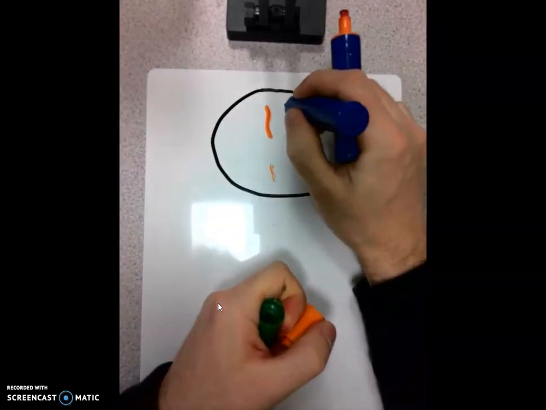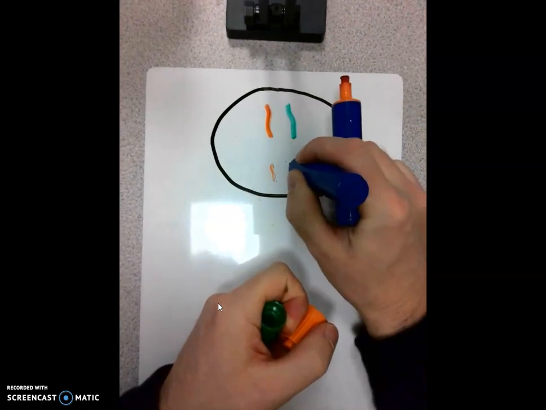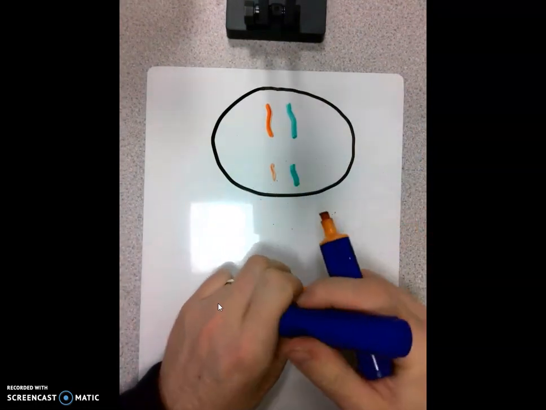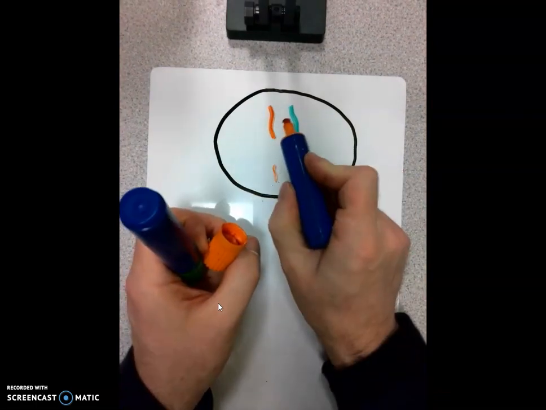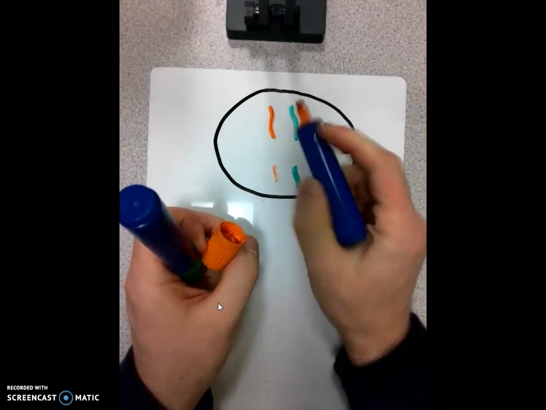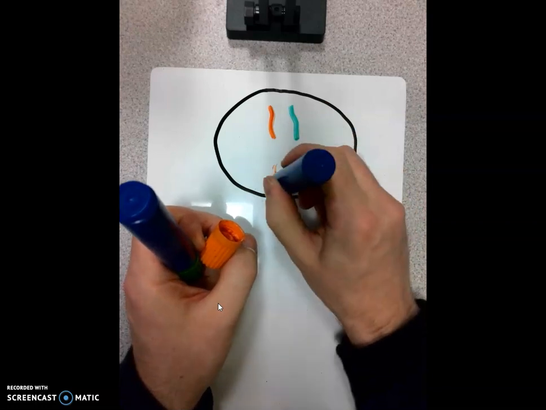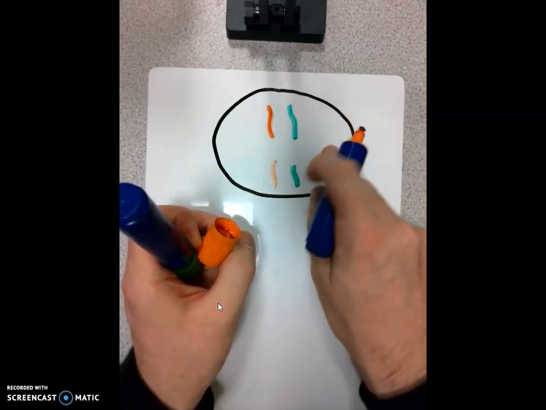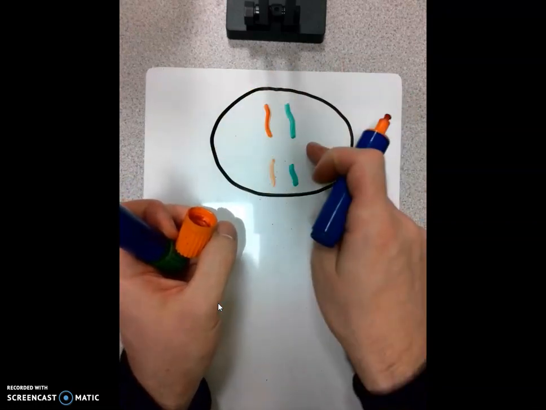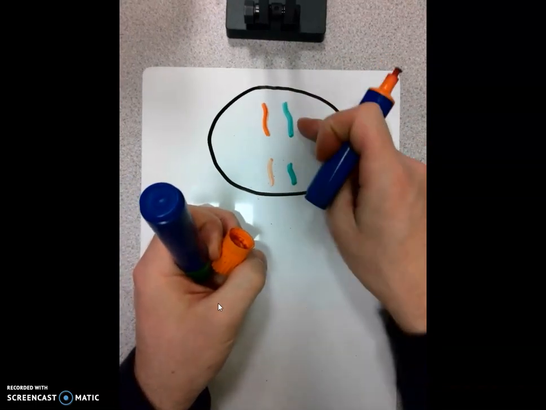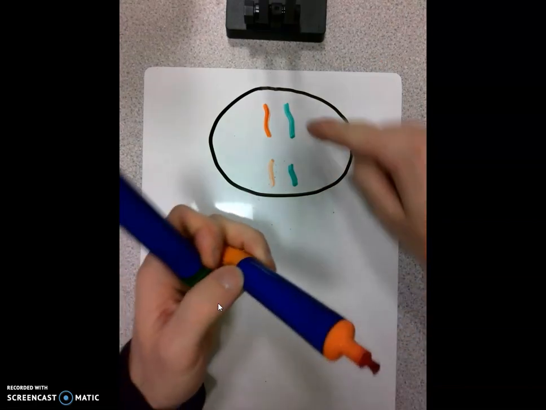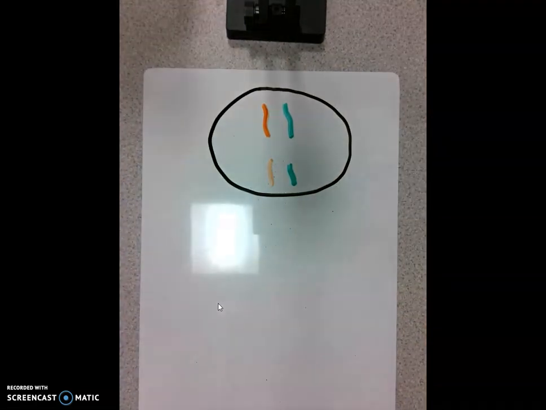I'm going to do one big chromosome and one little chromosome, and I've used orange and green. I've used that to show these are homologous pairs. That's one homologous pair, that's another homologous pair. And the orange chromosomes, let's imagine that those are paternal. That means that the individual who owns this cell got both of those chromosomes from his father. And these could be maternal, and therefore he inherited both of these from his mother.